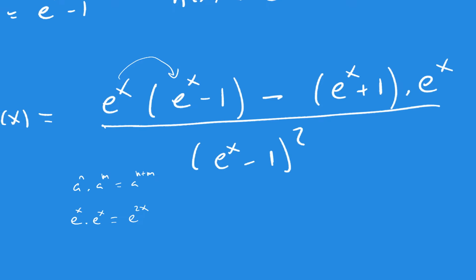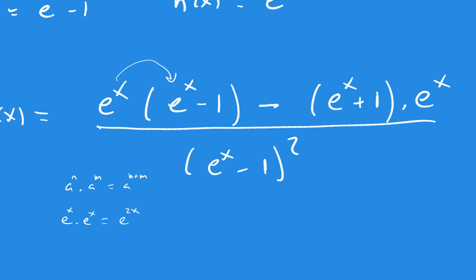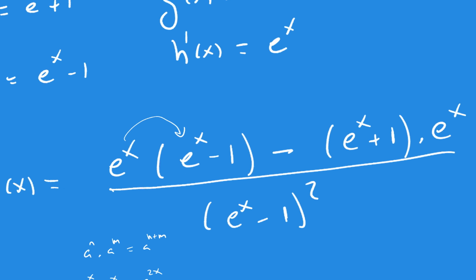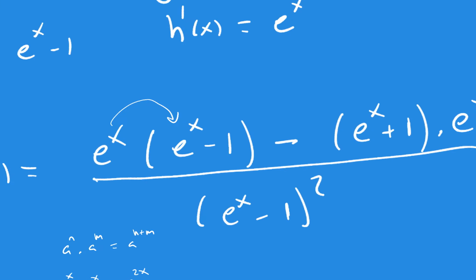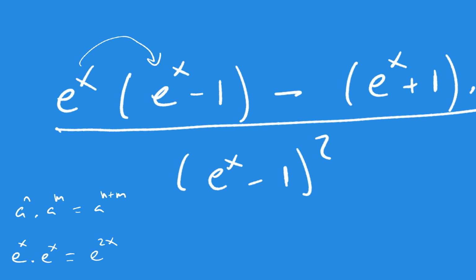So let's do the algebra. The first multiplication will produce e to the 2x. The second multiplication, when you do the distributive property here, will produce minus e to the x. So this will be e to the 2x minus e to the x. So this is the first factor.